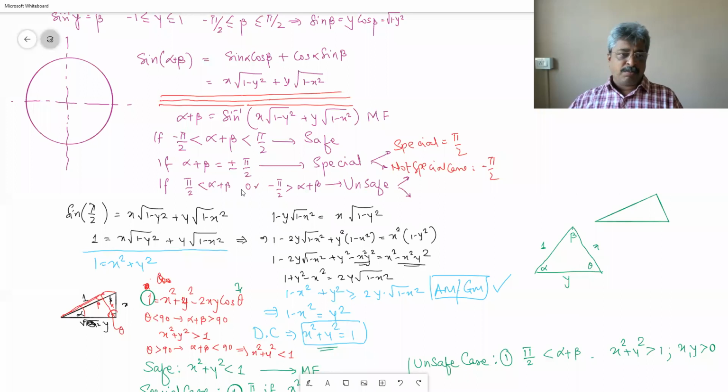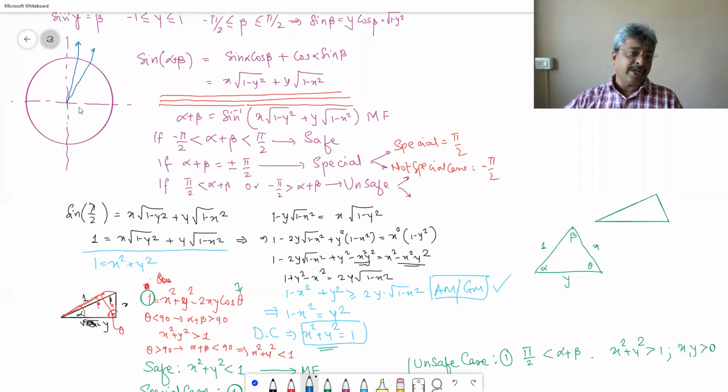So if both the angles are such that this is one angle and this is another angle, which will take you over here, resultant, this is alpha, this is beta, and you want this angle reported to be alpha plus beta, summation. Correct?